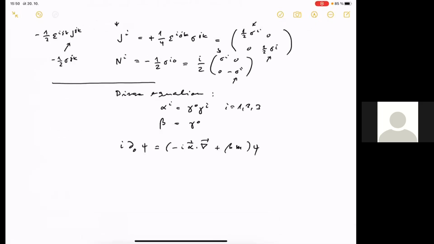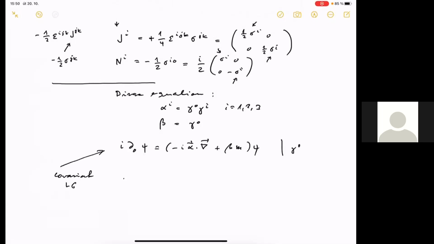I have promised you that I will show you that this Dirac equation is in effect covariant with respect to the Lorentz group. How can this be seen? Let us take this equation and multiply it from the left by gamma 0.